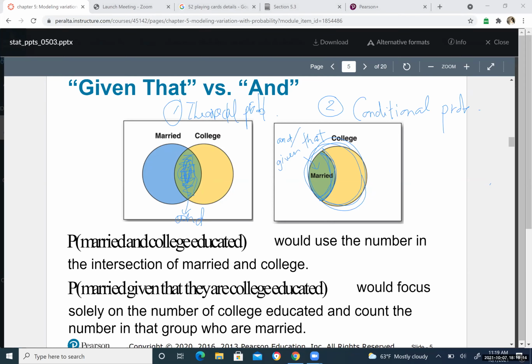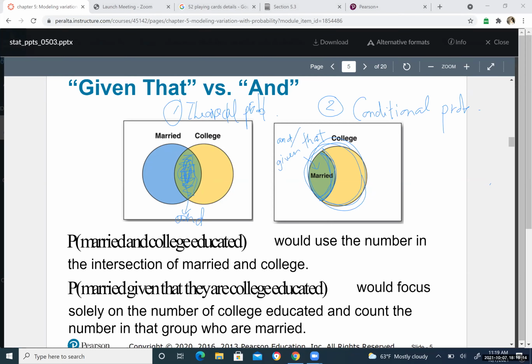They're talking about married and college educated. So let's look at the married group now. We have it from here, this line. That's the married group. And we're talking about college educated because the word "and" describes the joint part between these two groups, married and college educated. So you're focusing on the intersection between these two.